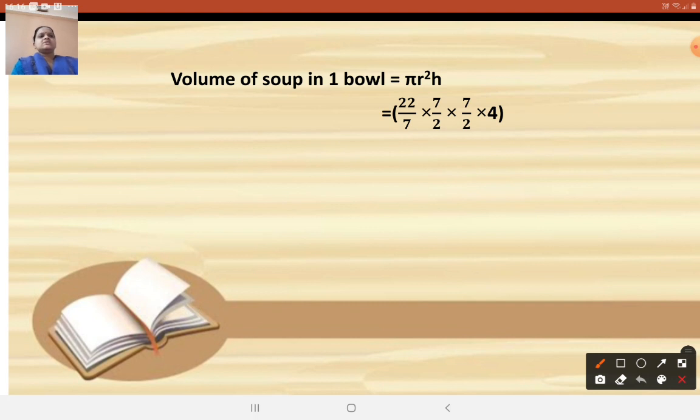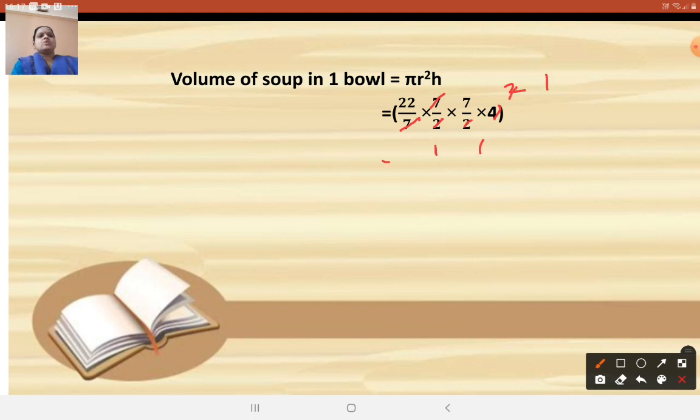Now in this case, either you take r as 7 by 2 or divide it and consider it as 3.5. In both ways you will get the answer. I have considered it here as 7 by 2 because the calculation will become easy, because 7 and 7 will get cancelled. 2 ones are 2, 2 twos are 4, and again 2 ones are 2.